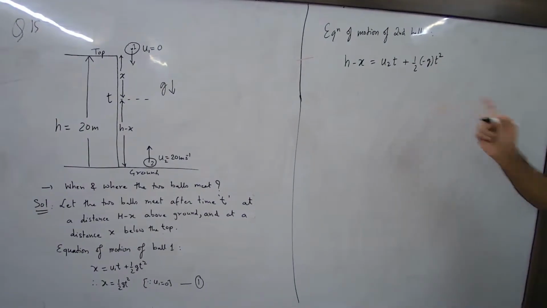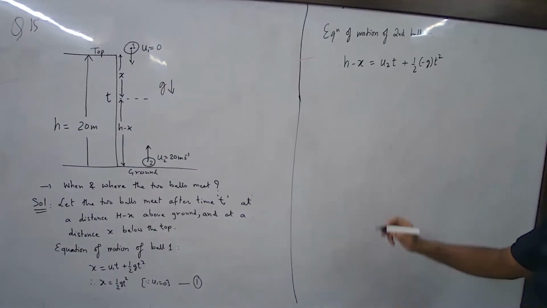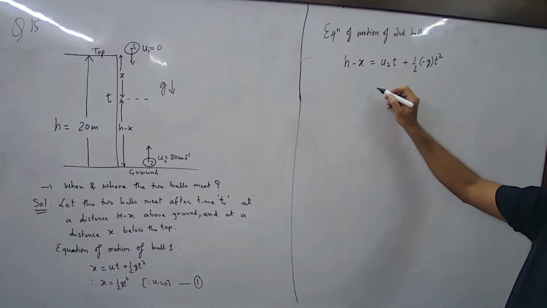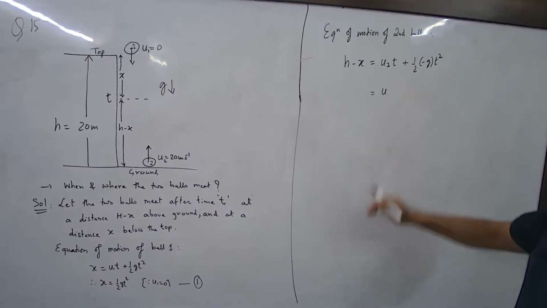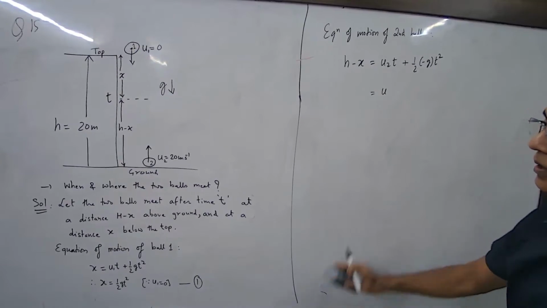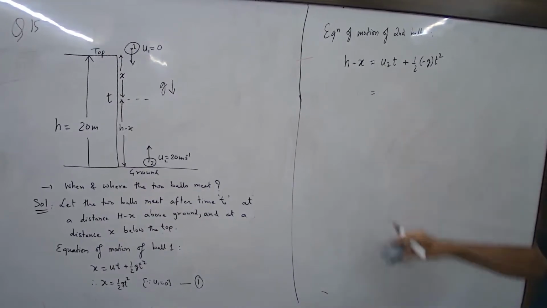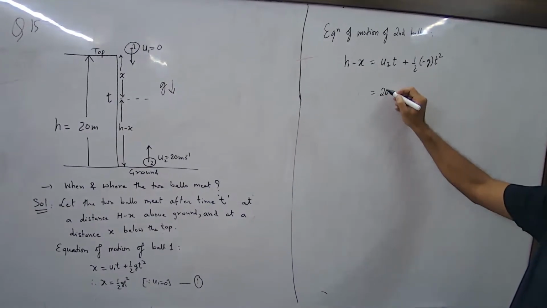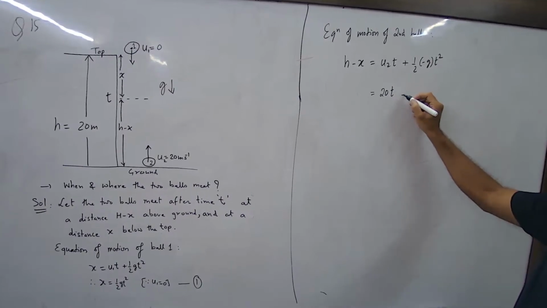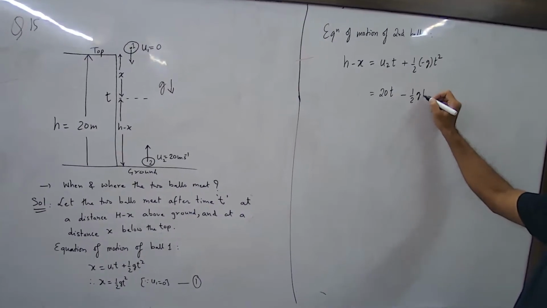In this case, g will be negative. And U2 is what? 20. So this is 20 t minus half g t square.